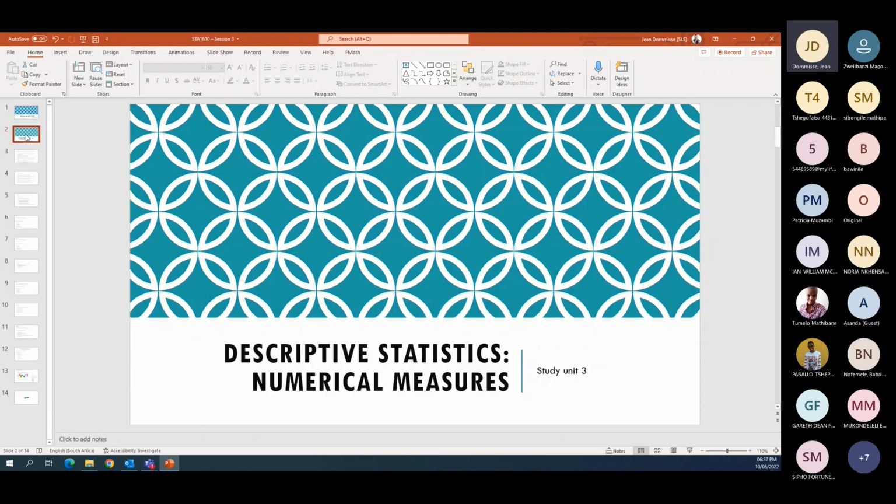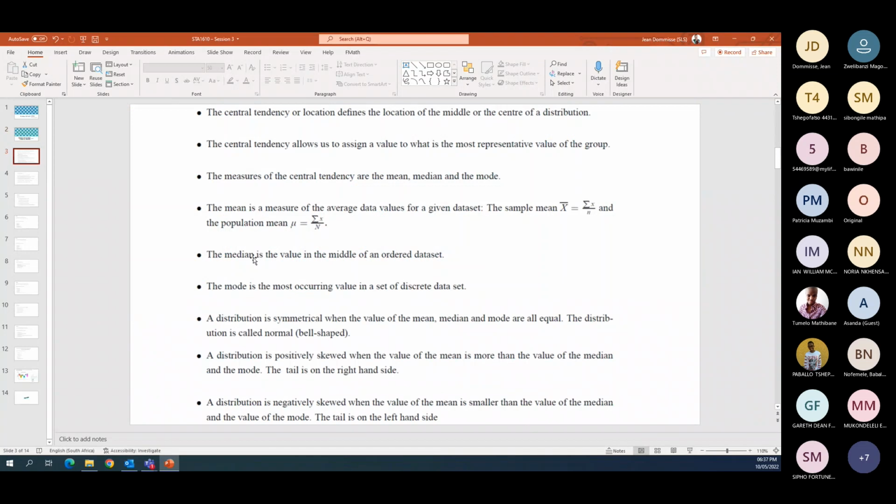Okay, so basically in study unit 3, if I look at what we will cover, it is your central tendency, which is in the middle, and things around the center of the distribution.